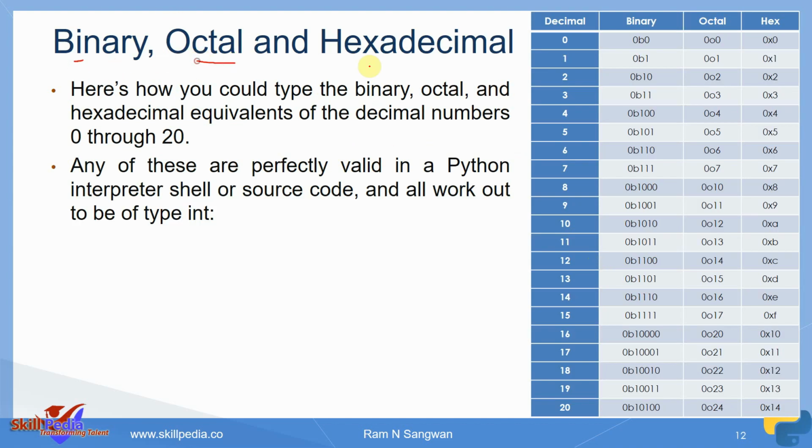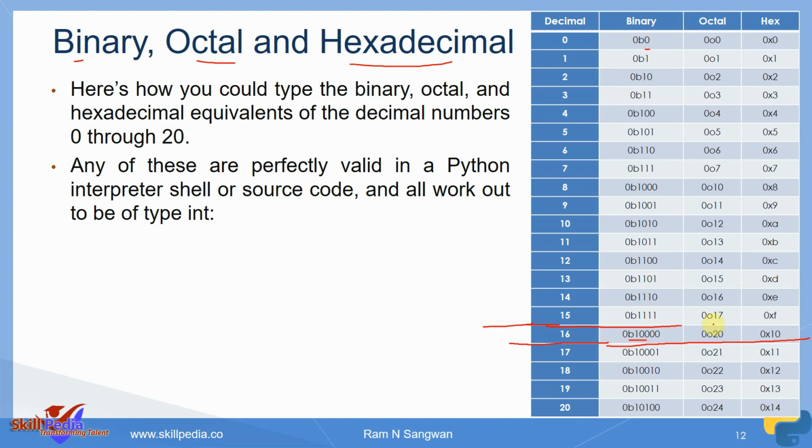Now this is a table which gives you the numbers from 0 to 20. Actually 0 to 16 is what we need, because once we get hexadecimal, the rest of the numbers will be easy to form. If we start counting from 0 to 15, sorry, 0 to 15, which makes 16 total digits, these are the corresponding binaries.